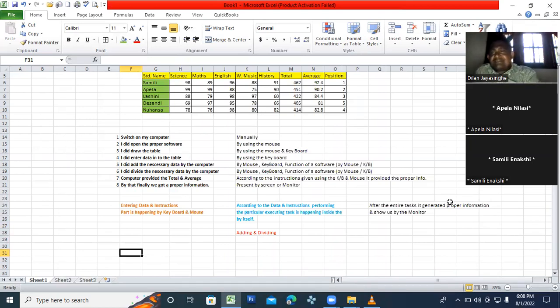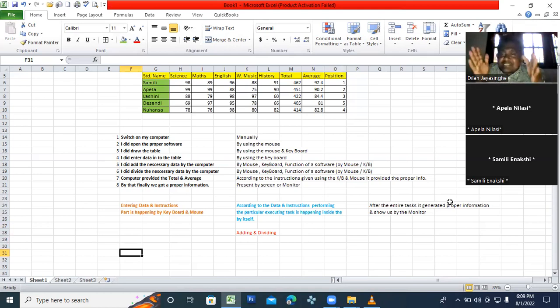What are the related equipments? Keyboard and mouse. Then according to the data and instructions, it's performing some sort of executing task. Where does it happen?